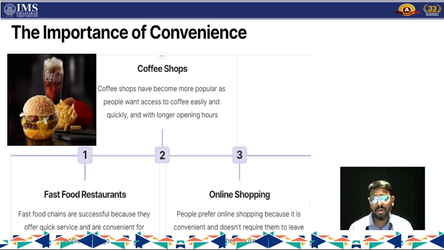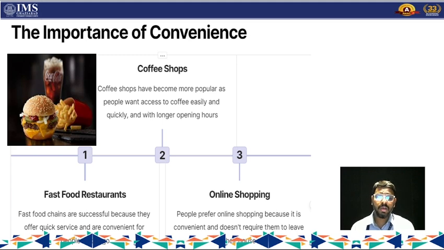After the pandemic, a lot of people avoid visiting a market. In metro cities where husband and wife both work, they don't have sufficient time, so they prefer online shopping. This is the convenience, right?